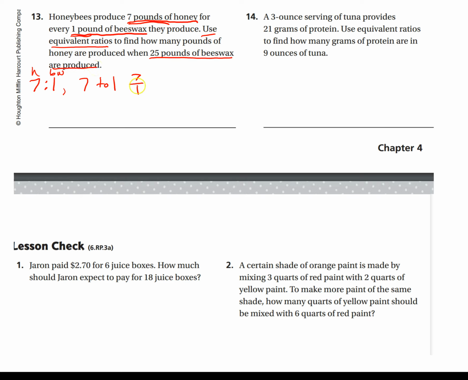Okay, so this is my beeswax along the bottom if I want to change that fraction into a table, and my honey along the top.